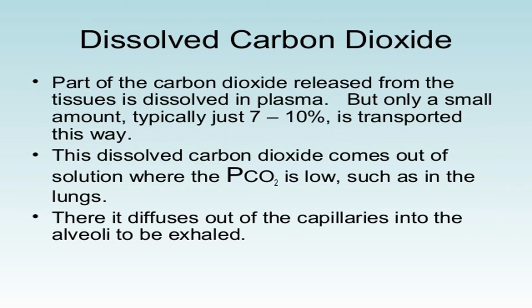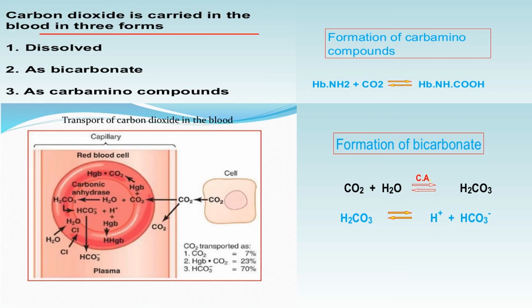In dissolved form, approximately 7 to 10% of carbon dioxide is transported. This dissolved carbon dioxide comes out of solution where the partial pressure of carbon dioxide is low, and this usually happens in the lungs, where it diffuses out of capillaries into the alveoli and is expired out.